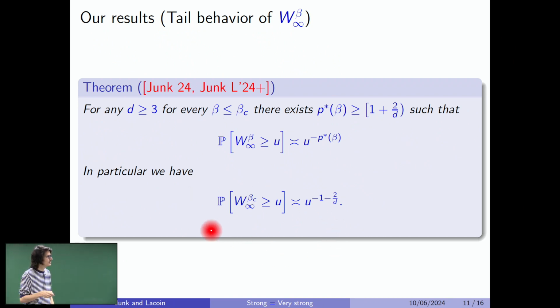So we believe that knowing about this, we might be able to predict the regularity of the free energy around the critical point. But for the moment, we don't have it. We have a clue, but we don't know exactly how to do this.